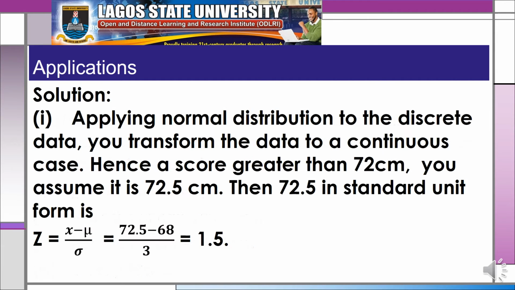So you apply the normal distribution to the discrete data. You transform the data to a continuous case, hence for a score greater than 72 cm, you assume it is 72.5 cm. Then 72.5 in standard unit form, z is equal to that, equal to 1.5.